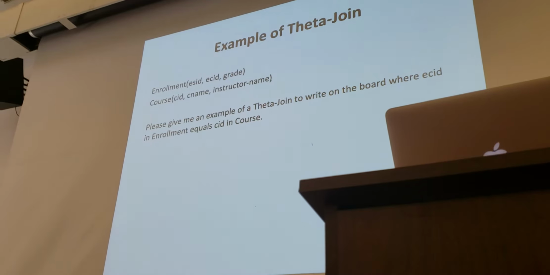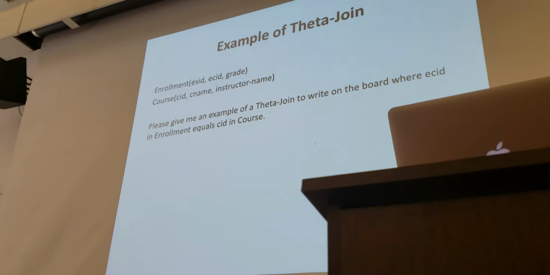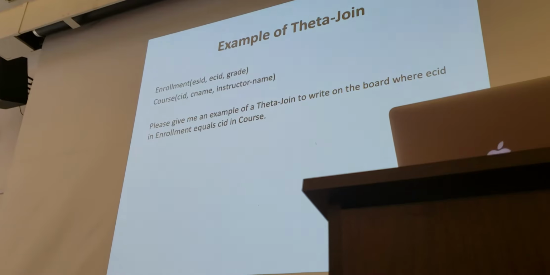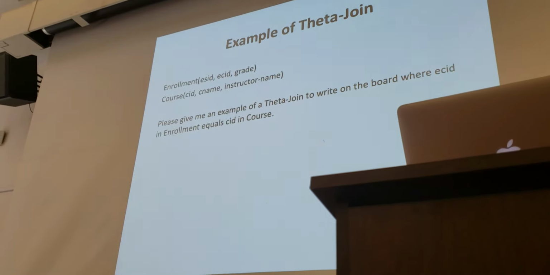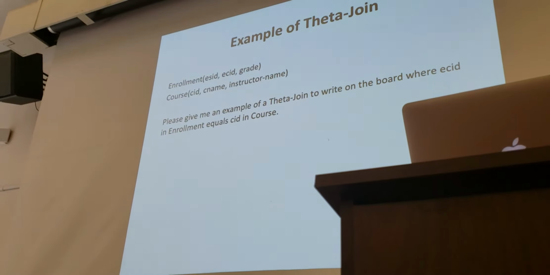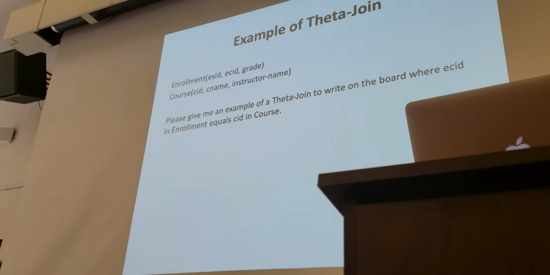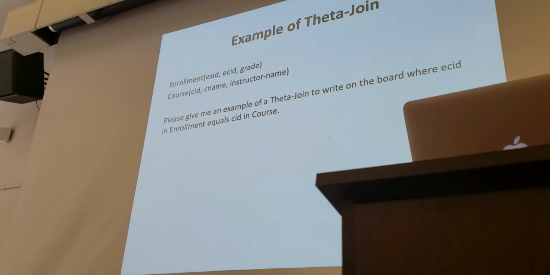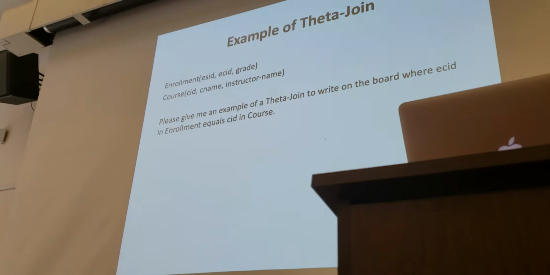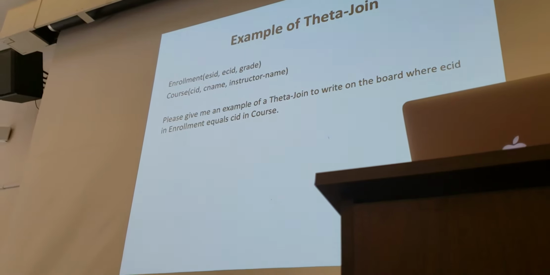So suppose, maybe somebody can say this, I actually do have it on the slide, so I won't need the whiteboard, because whiteboards are awkward in this room. Give me an example of a theta join where the CID in enrollment, ECID, has to equal the CID inside course. Now think about that, it's really easy. It's just a simple join clause.